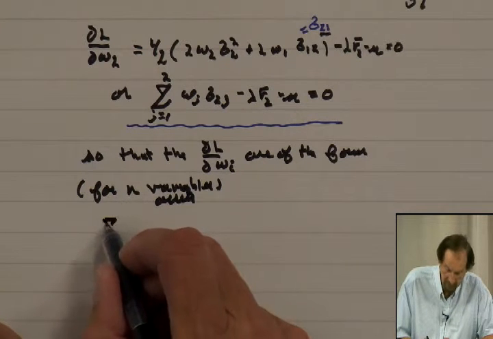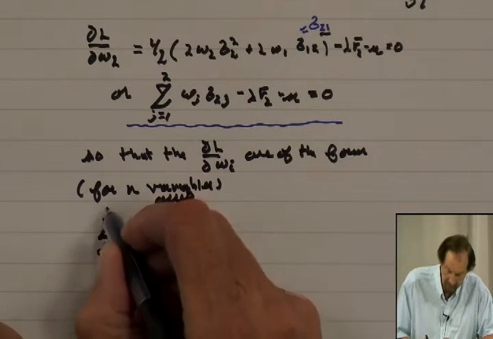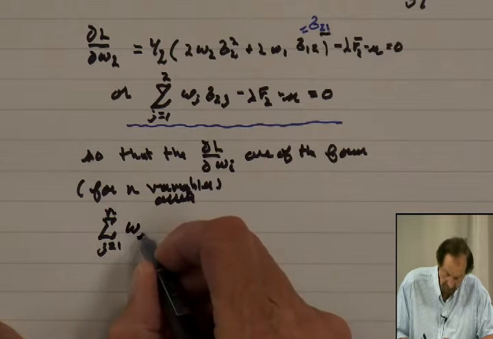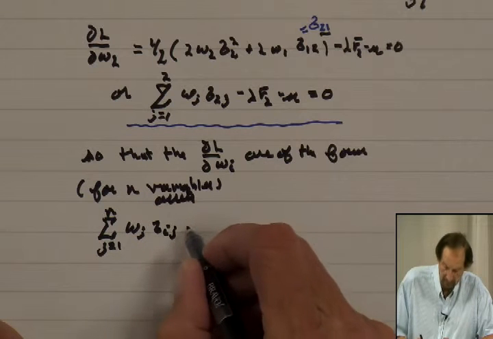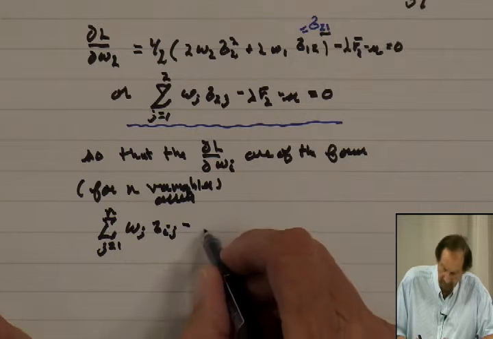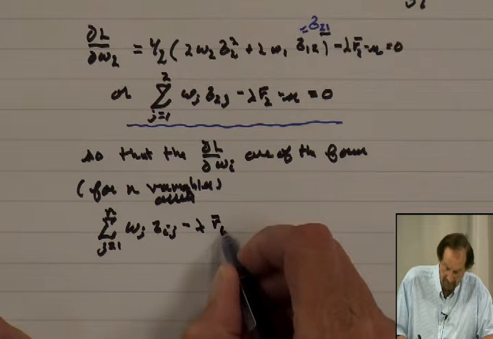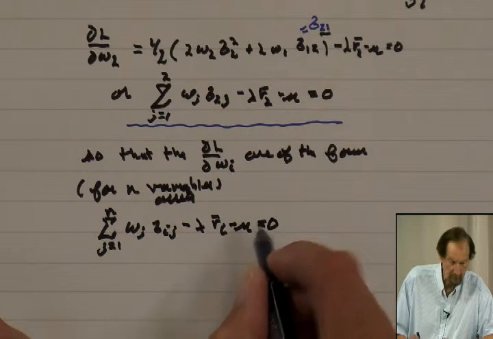We have the sum j equals 1 to n, Wj sigma ij minus lambda times r bar i minus mu equals 0.